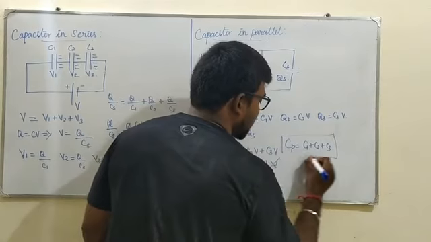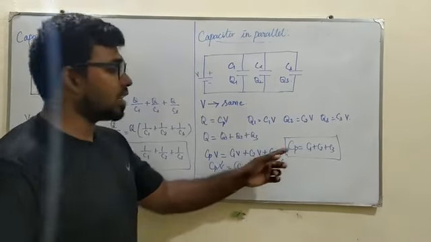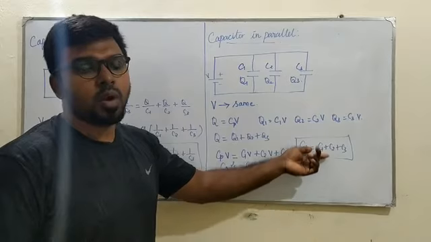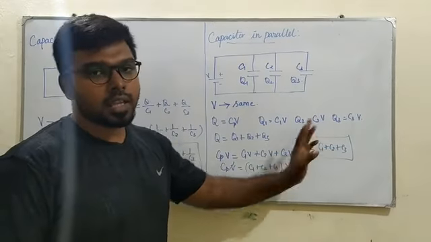The final expression gives that the equivalent capacitance when capacitors are connected in parallel is equal to the sum of the individual capacitances.